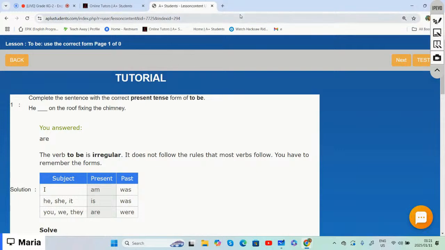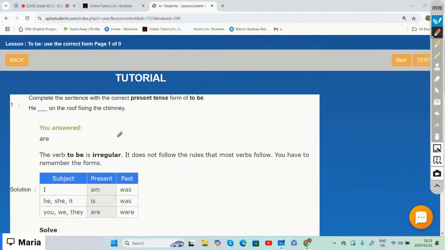So now we say he. Do we say he am, he is, or he are on the roof fixing the chimney? We need to choose the correct form.